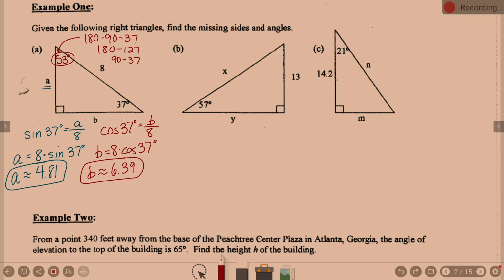Could we use the sine of 53 equals B over 8? Got the exact same answer, didn't it? Right or wrong? There is none here. They're both good. So do understand that there's a lot of flexibility here. I don't know if anyone tried Pythagorean theorem just for kicks, but you would have gotten the same answer.